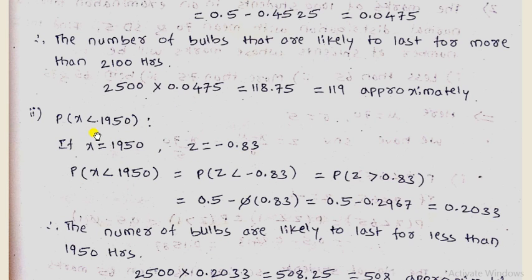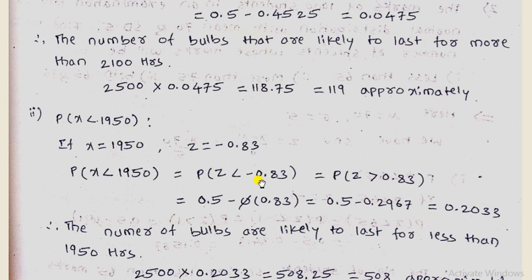So the probability of x less than 1950 is equal to the probability of z less than minus 0.83. So this term is again rewritten as z greater than plus 0.83.